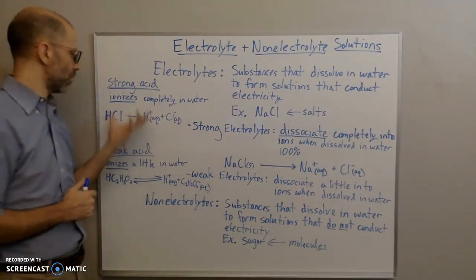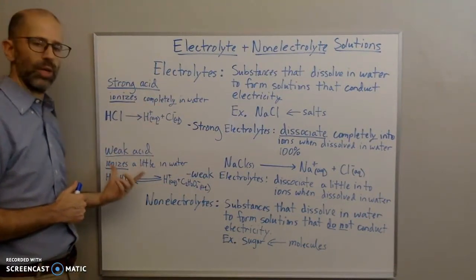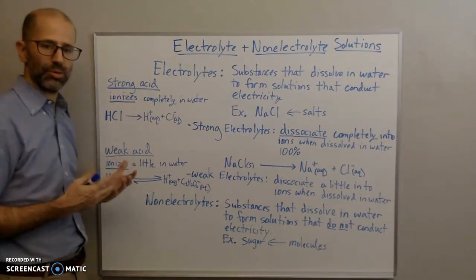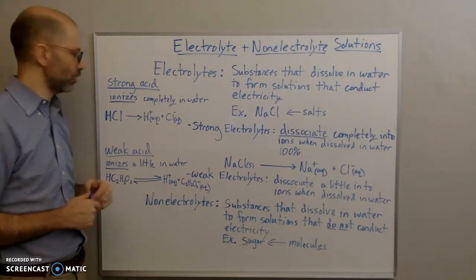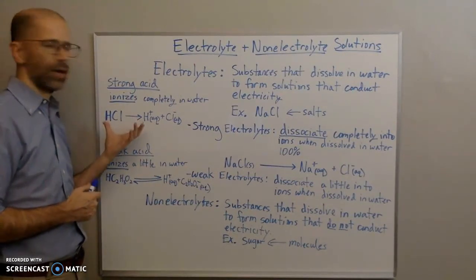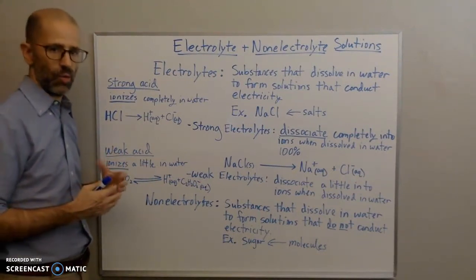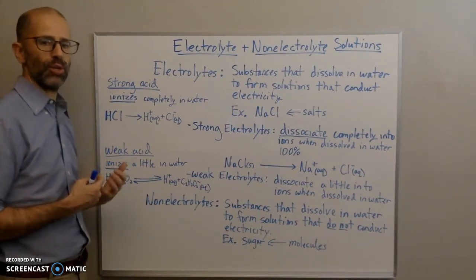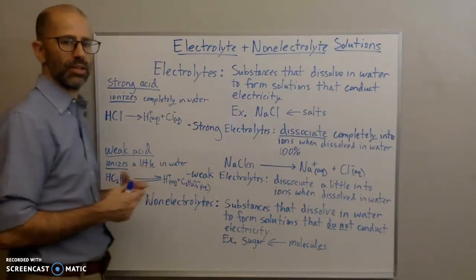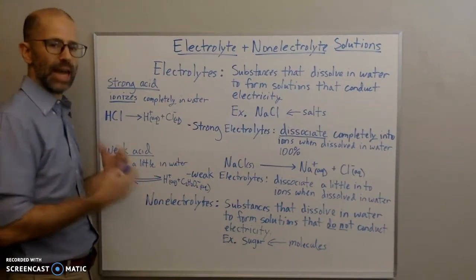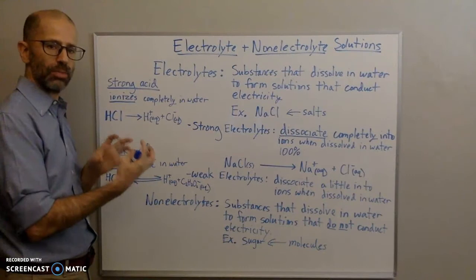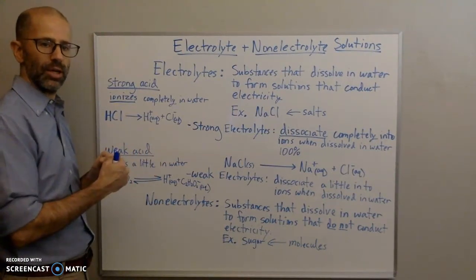You can also talk about strong acids and weak acids as examples of strong and weak electrolytes. When we talk about acids, though, we don't use the word dissociate in water. We only use that word when we're talking about ions, because with regard to the ions, you already have charged particles in your compound.